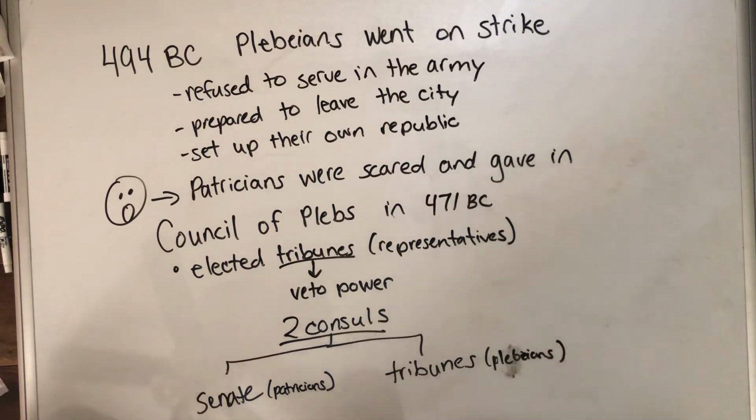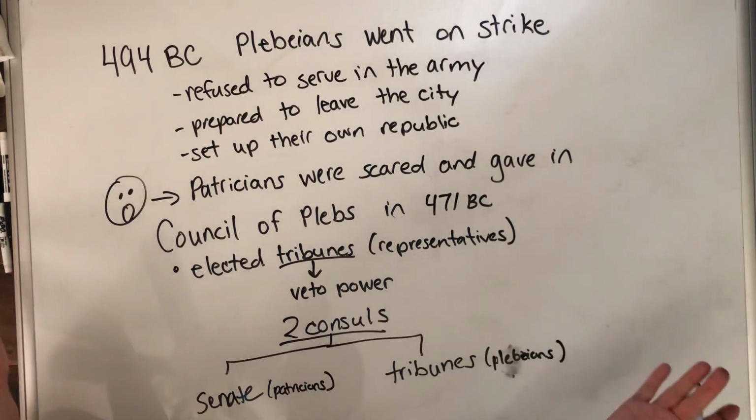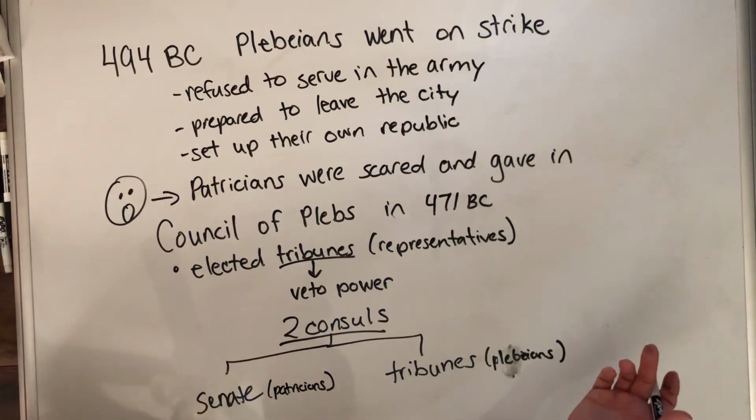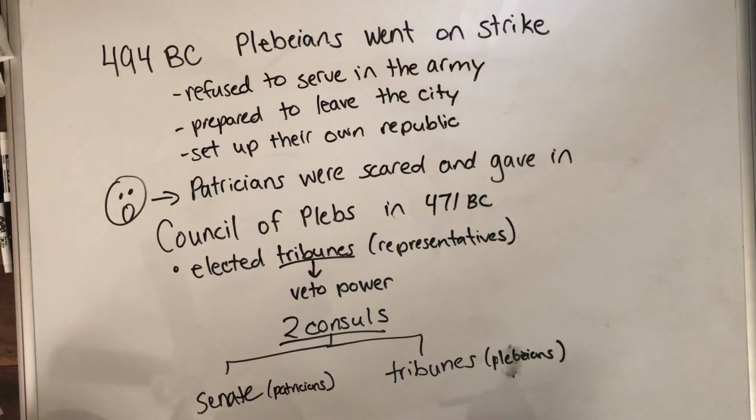Okay, so as the time progresses, you're going to see the Republic shift and change. So this ends this section. Go ahead and pause the video if you need to, and we're going to sum up on our last section.